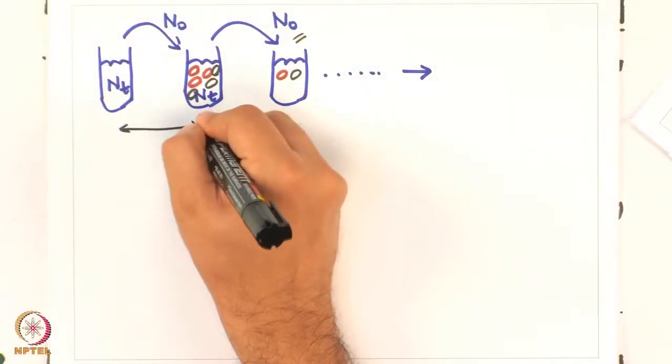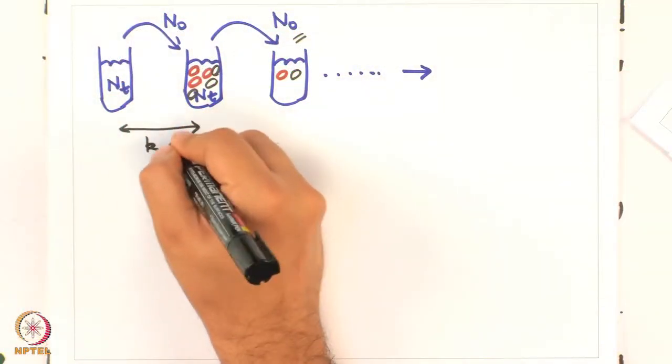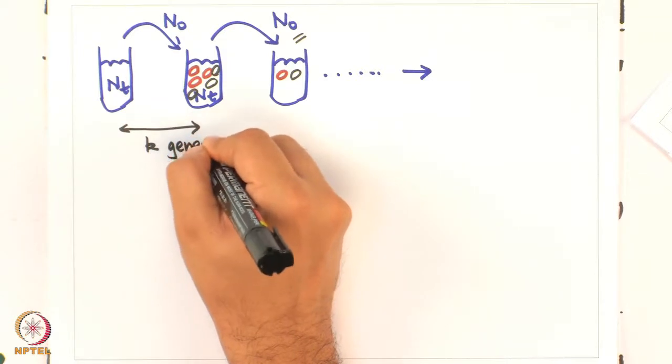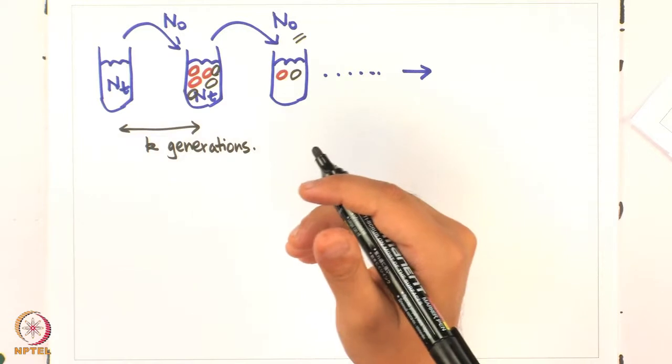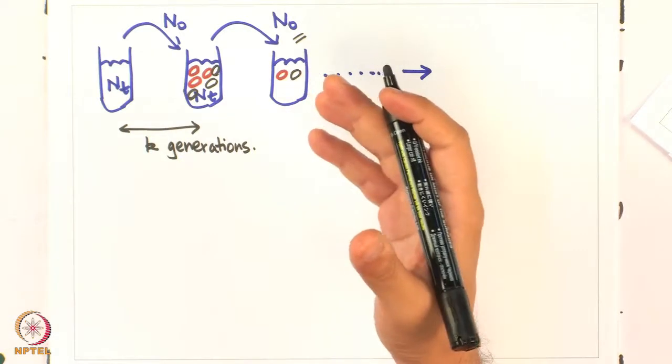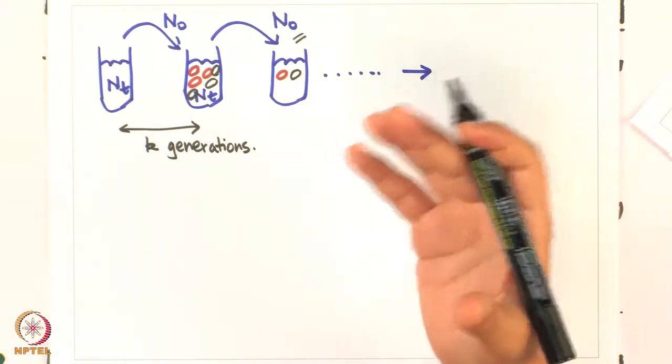So, that is the first type of evolutionary experiment that you do in the lab, and you have k generations taking place in every transfer that you have. Evolutionary experiments could last from a few tens, a few hundreds, to a few thousands, any number of generations, depending on what exactly it is that you are going to look at.